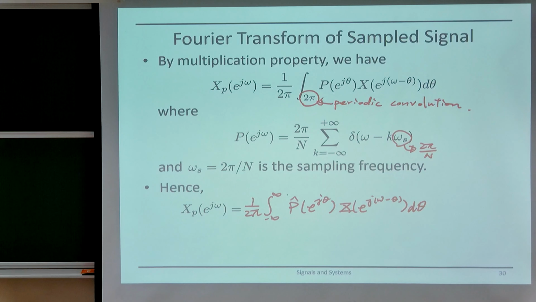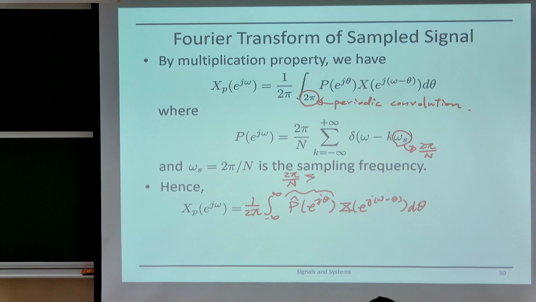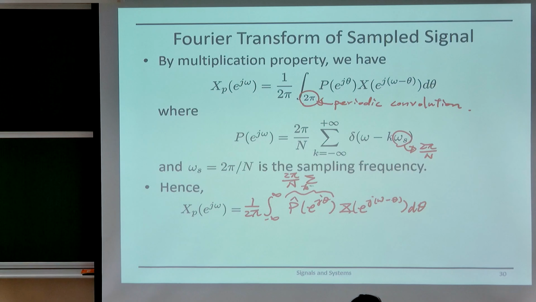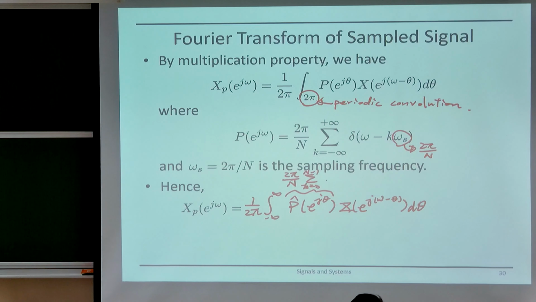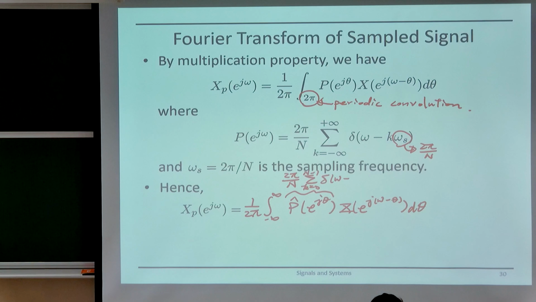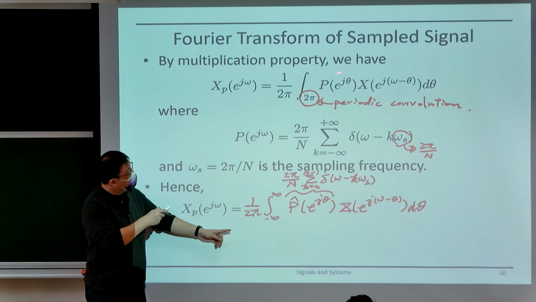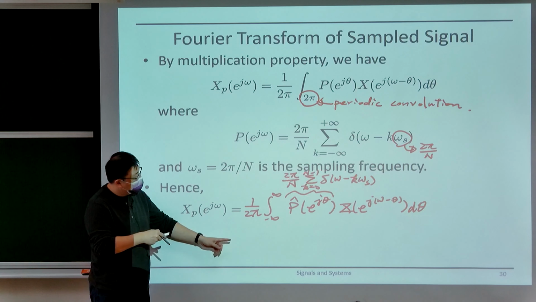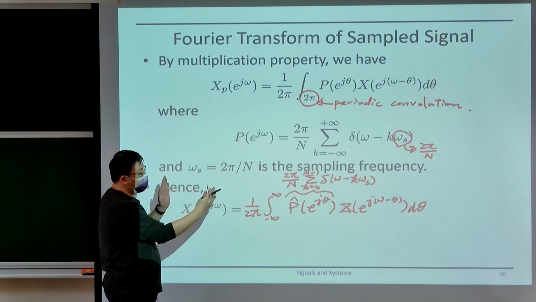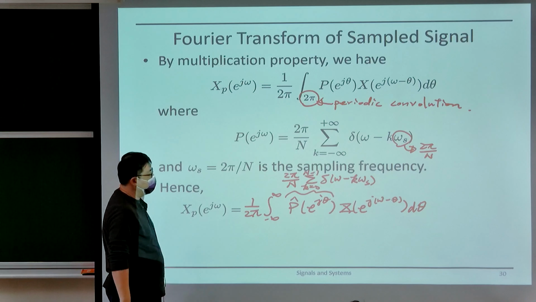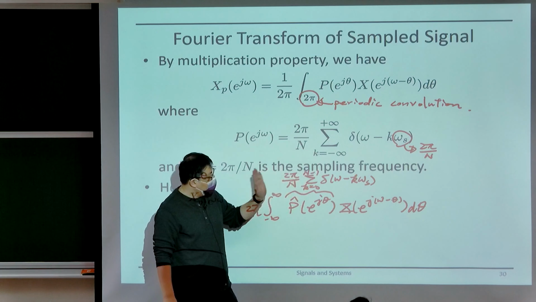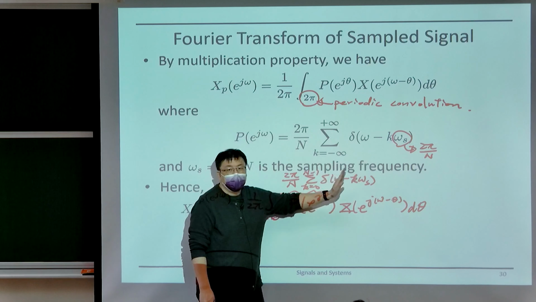In that case, this is just 2 pi over capital N summation k from 0 to N minus 1 delta of omega minus k omega s. So we take only one period of p to get this p hat, which is p over a 2 pi range, and here we have capital N impulses.